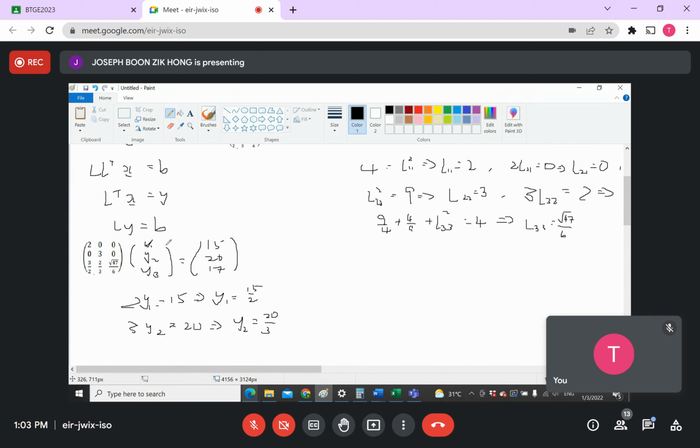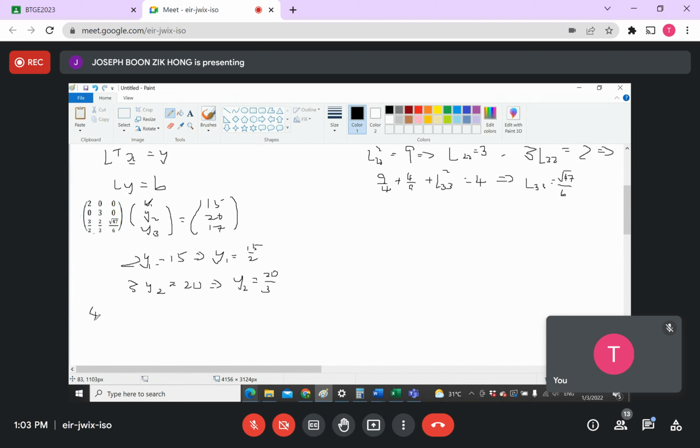Okay, 3 over 2 y1, so that means 45 over 4, plus 2 over 3 y2, so 40 over 9, and then plus root 47 over 6 y3 equal to 17. So we move everything to get the y3.